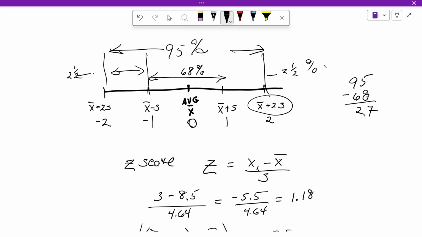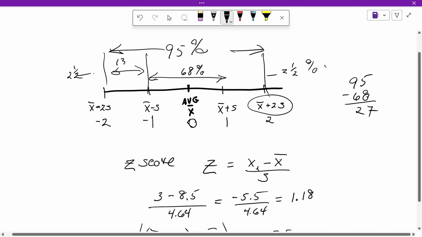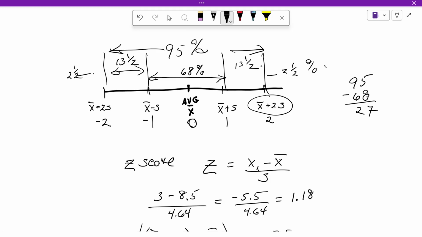What's in that interval? And I can make any bet I want based on 1 and 2.